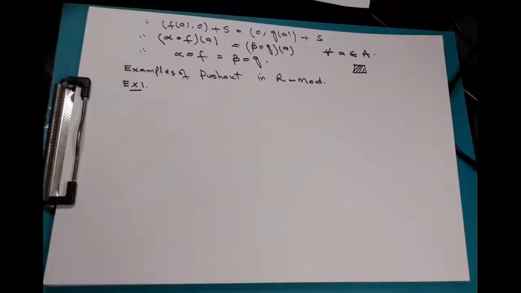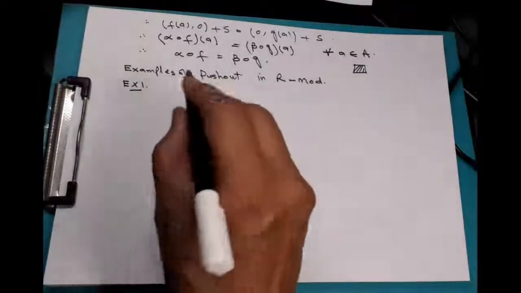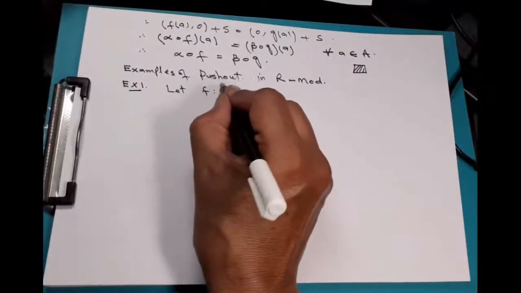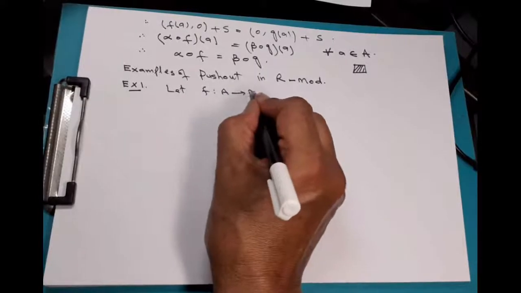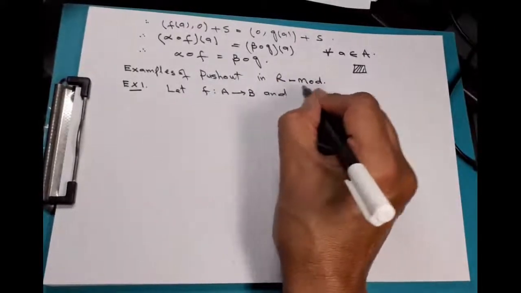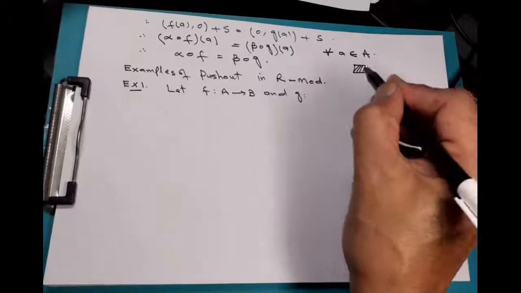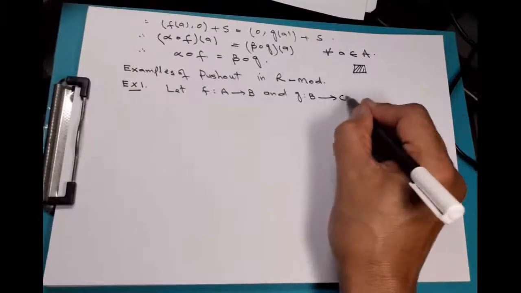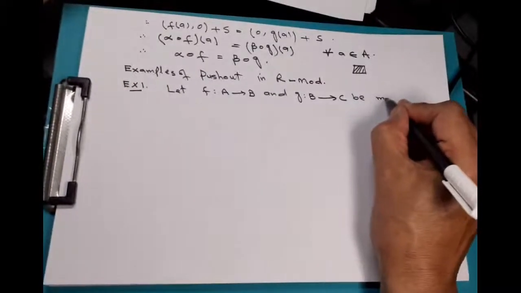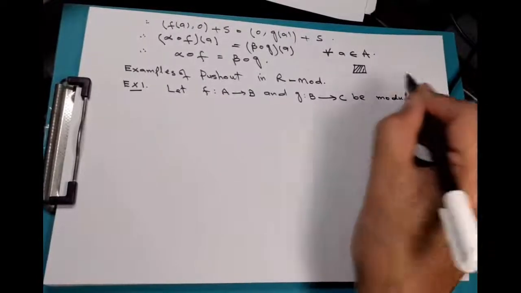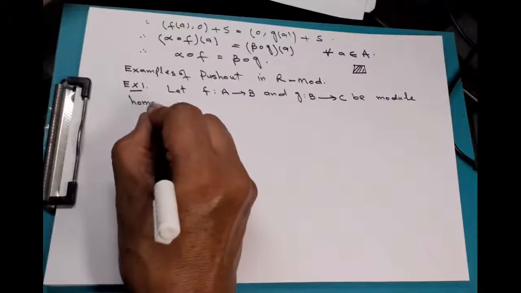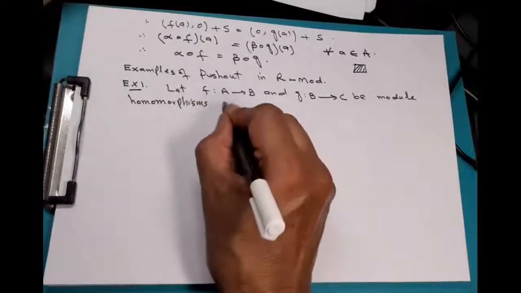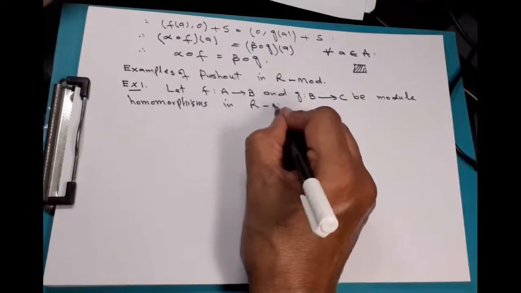Let F from A into B and G from A into C be module homomorphisms in the category of left R modules, or Mod.